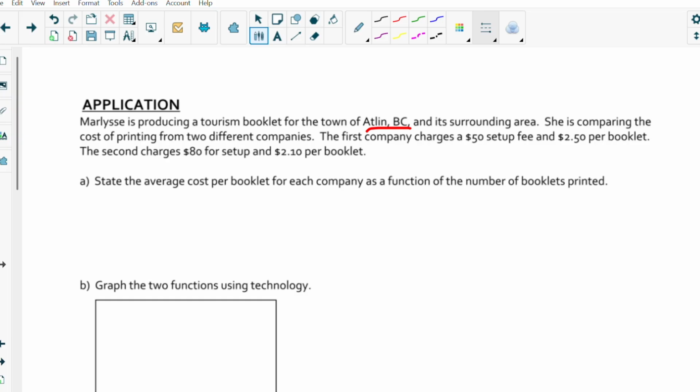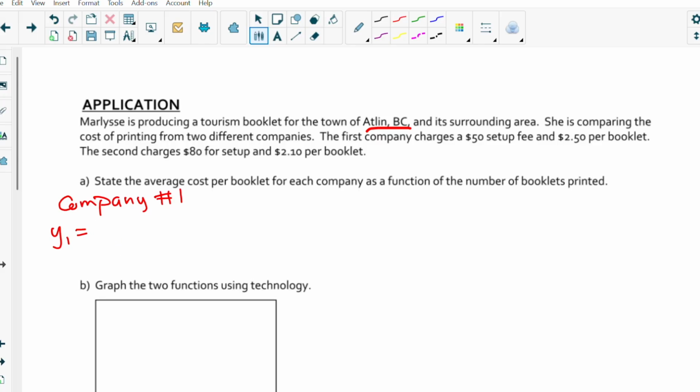State the average cost per booklet for each company as a function of the number of booklets printed. So, company number 1, linear equation, right? So when I set this up, I'll say y1 because you'll graph this in your graphing calculator.